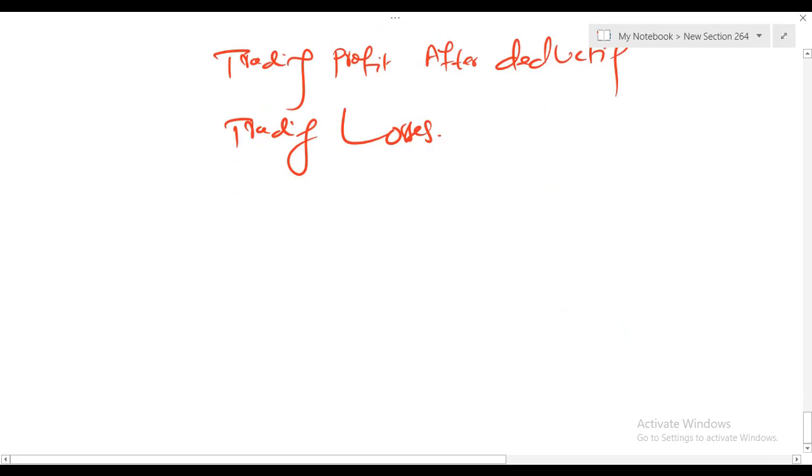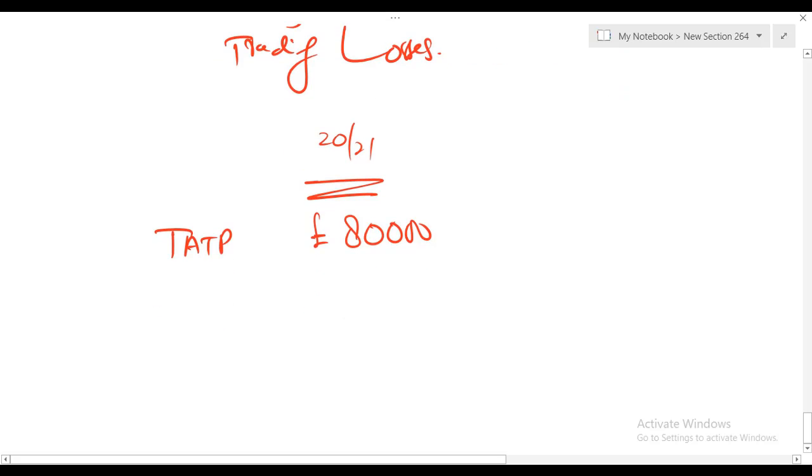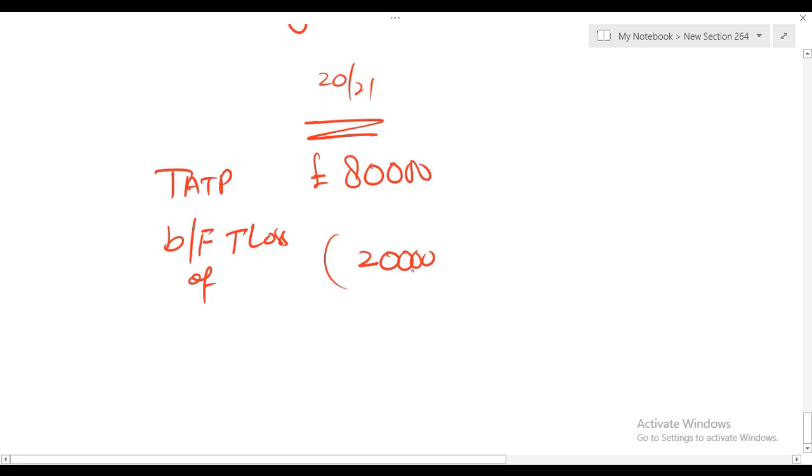Let me explain. For example, let's say we have tax year 2021. There's a tax adjusted trading profit of, assuming, 80,000. But the examiner says there's a brought forward trading loss of, let's say, 20,000 as well. The examiner is asking to calculate class 4 NIC.